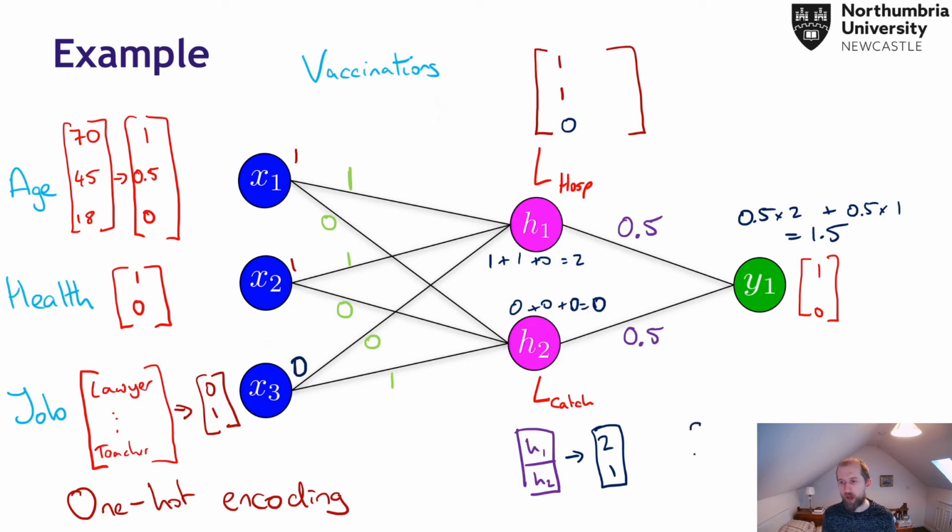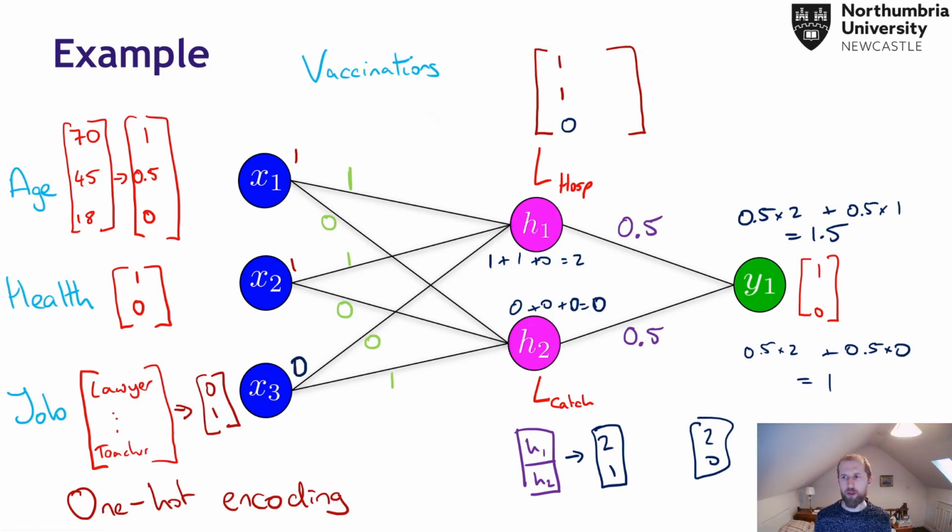We're going to have 2, 0 now. So it's going to be 0.5 times 2 plus 0.5 times 0, which equals 1. So they're going to get a lower score, which means that they'll be pushed a little bit further back in the queue. And we do this for all different possibilities of this input vector here.